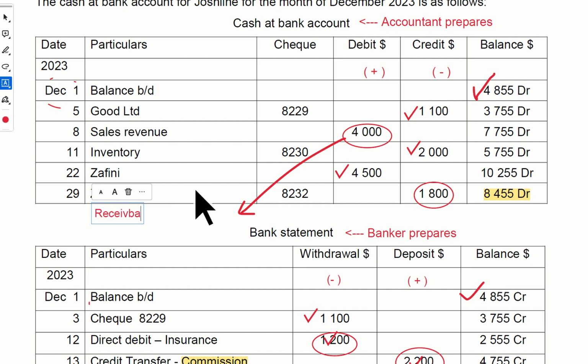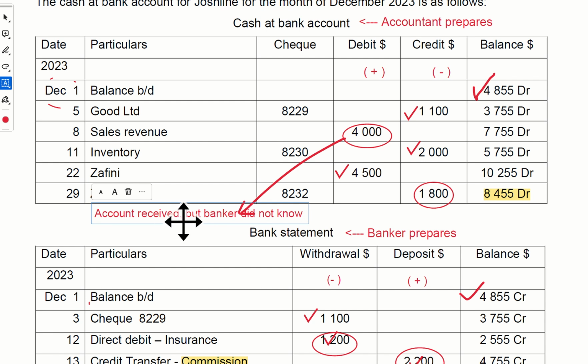So the accountant received this amount. Accountant received, but the banker did not know.